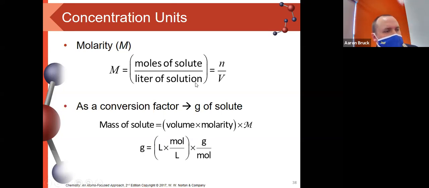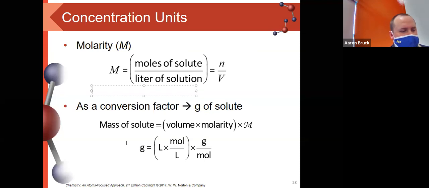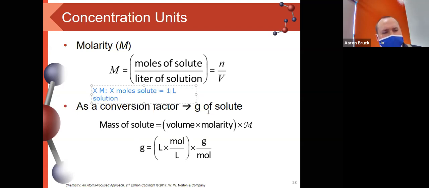Now, with molarity, we understand that molarity tells us that, let's imagine that we have a concentration X molar. What that tells us is that we have X moles of our solute, and that is equal to 1 liter of our solution. Now, why is this particular distinction important? Remember, anything that we can tie together with equal signs, we can use in a dimensional analysis unit conversion kind of problem.